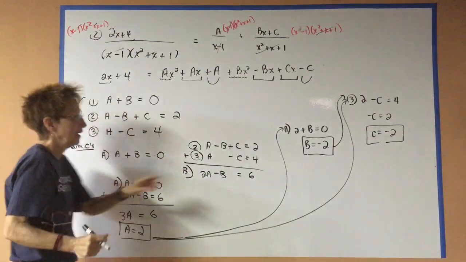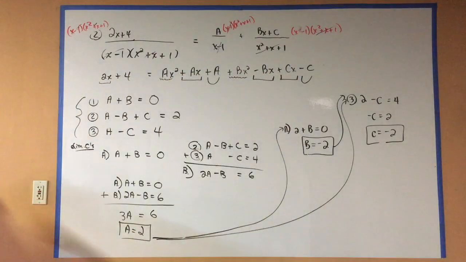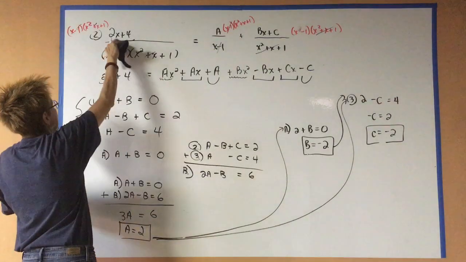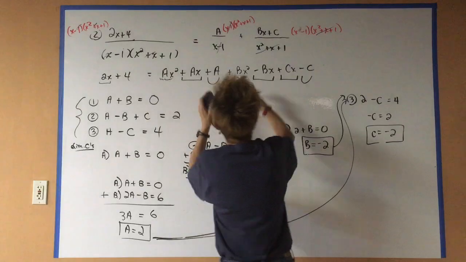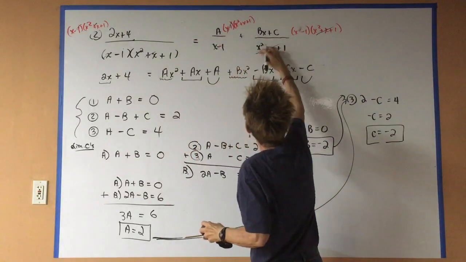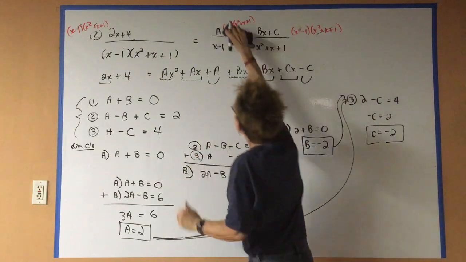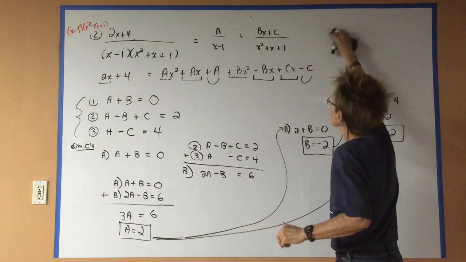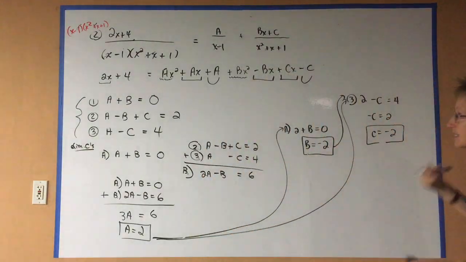So there's my 3 solutions, but I'm not done yet, because remember, I'm going to cheat here so I don't have to write this all down again. Remember, it was this guy that I was trying to rewrite into these 2 forms, and all I have to do is replace A with its value and B and C with their value.